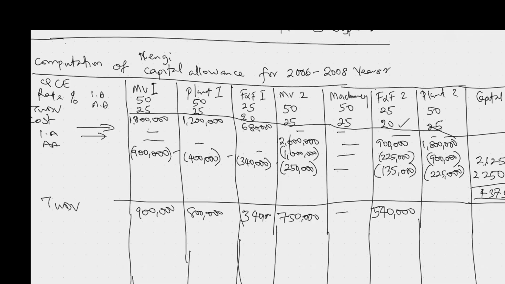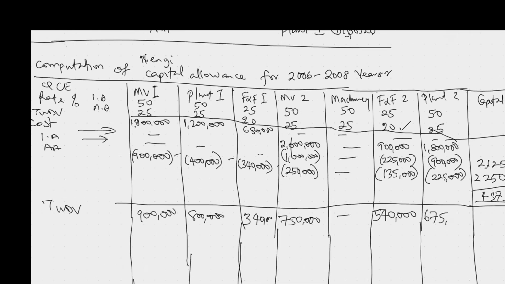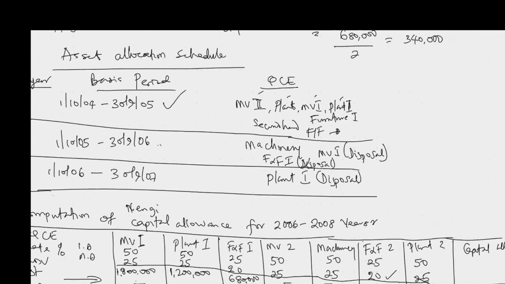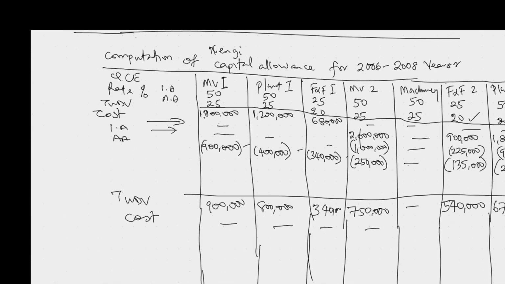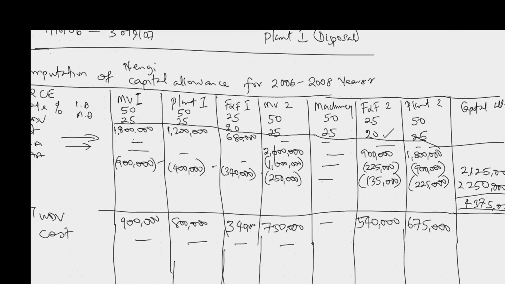So let's go back to our table because there might be disposal this year. You can see there are 2 disposals this year. But before disposal, we have costs. We acquired machinery this year. How much was the machinery that was acquired? 2.9.